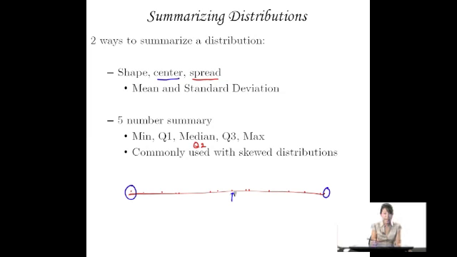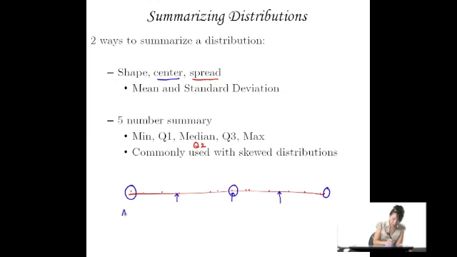That's the median. And then Q1 and Q3 divide each half in half again, so around there, and right there.